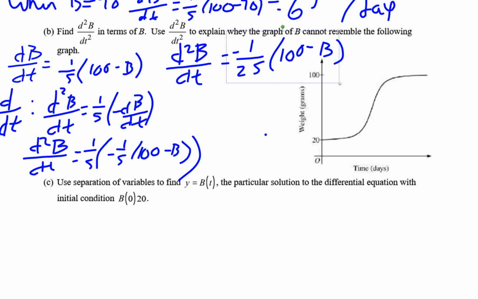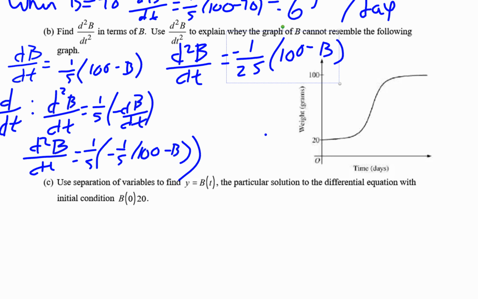Okay, explain why the graph of b cannot resemble the following. All right, so what do you notice about this function? Well, we know that the weight of the bird should be greater than 0, right?